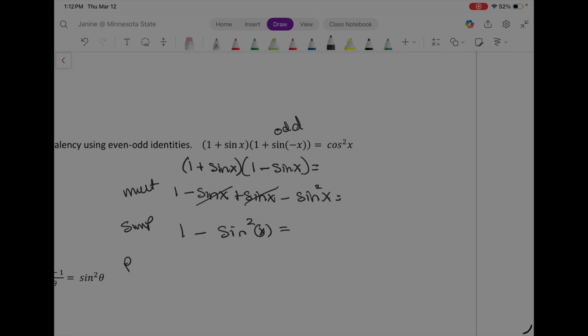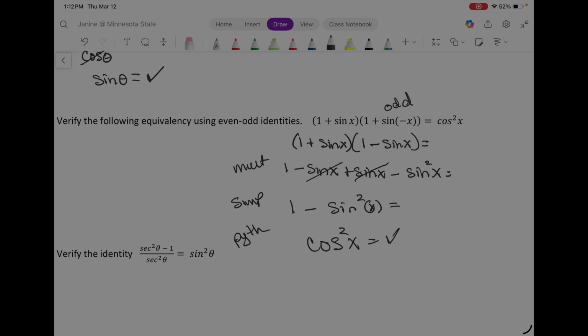And I know that that's a Pythagorean identity, or a manipulation of the Pythagorean identity, and this is equal to cosine of x squared, which is what I was trying to get it to equal. So I did what I set out to do. Check. Okay.